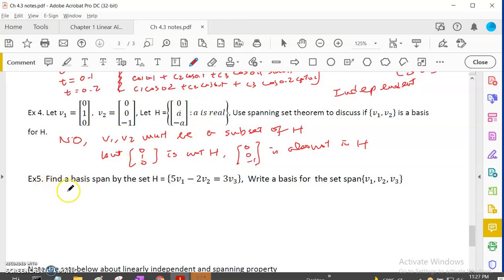Example 5. Find a basis spanned by the set V1, V2, V3, where 5v1 minus 2v2 equals 3v3. But there's a relationship between them. So we use the spanning set theorem. The spanning set theorem says the set must have something that is a linear combination of the others removed.